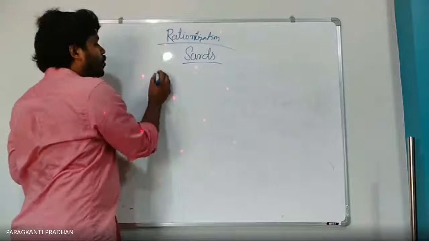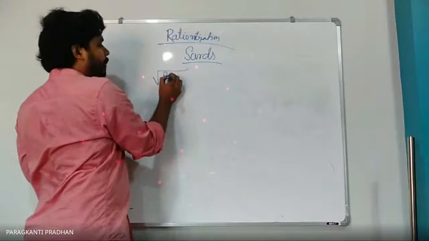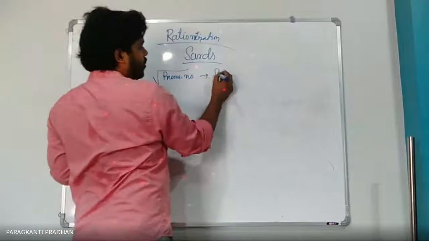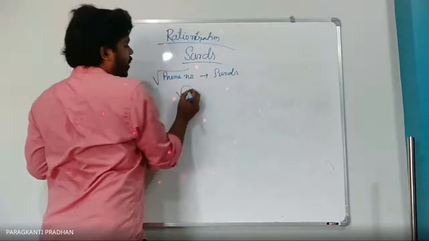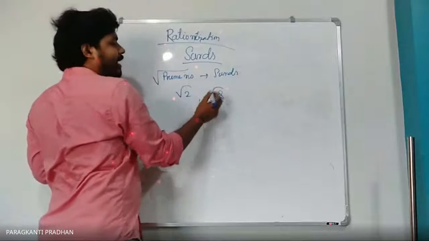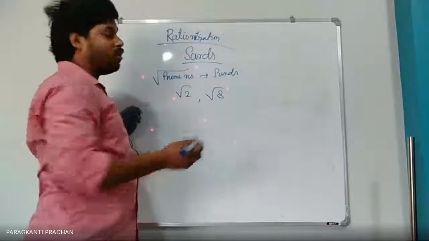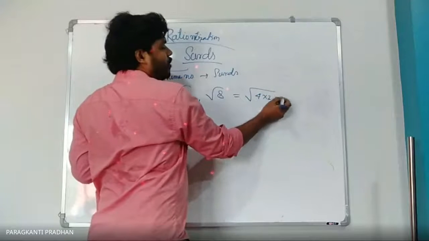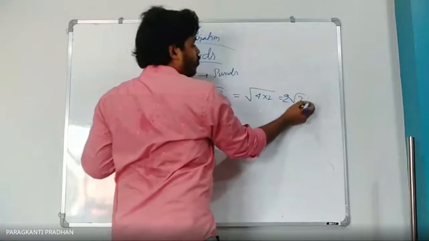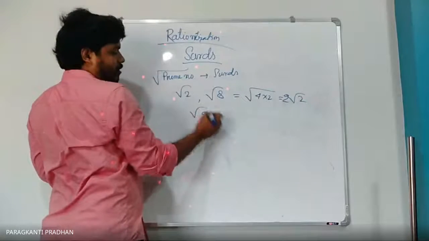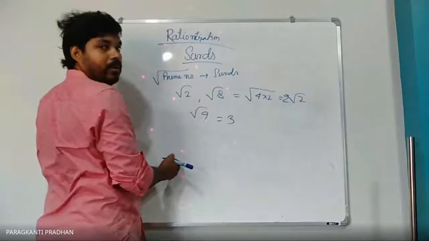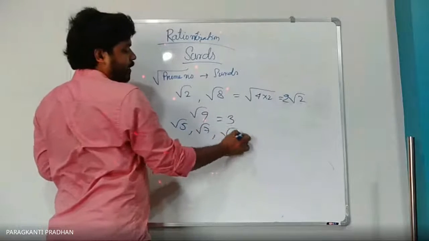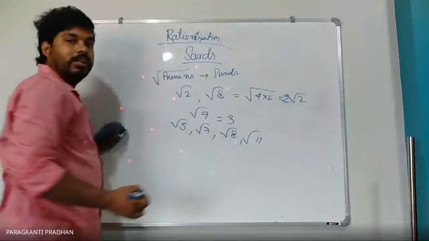Suppose root under a prime number is called a surd. That is root under 2. Root under 8 is also a surd, because it can be written as 4 into 2, that is 2 root 2. Root under 9 is not a surd because it is 3. Root 5, root 7, root 8, root 11, these are all surds.